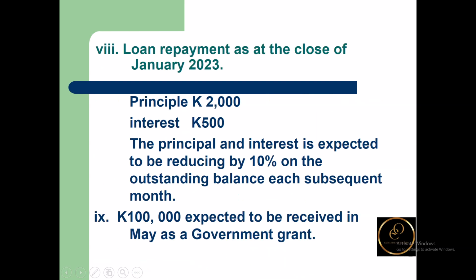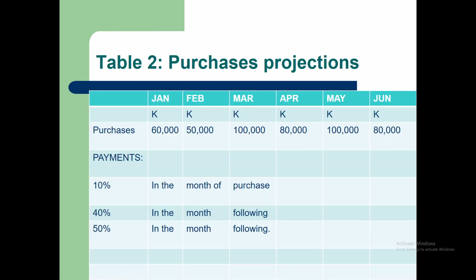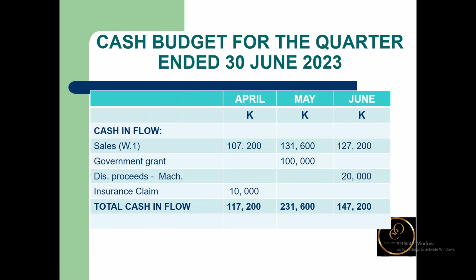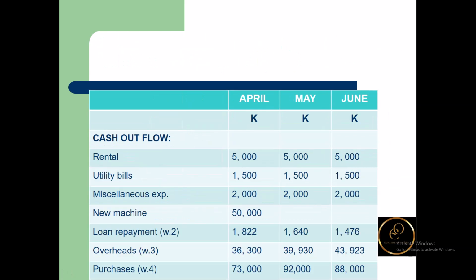Since this is the cash budget for the second quarter, we're going to capture only the 50,000 which relates to April here, because one was paid in March and the other in February. So the figure of relevance here is the 50,000 only that is going to appear in April.